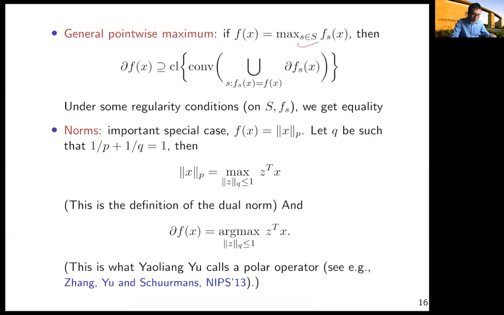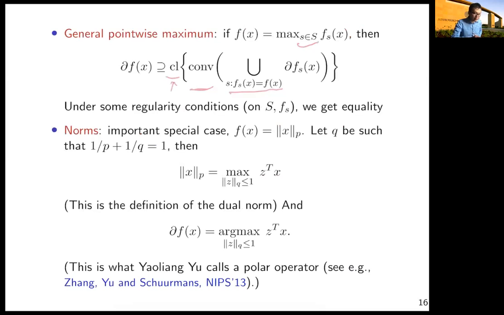Then it becomes more technical, but we can still write the condition: take the union of the subdifferentials of all the functions that are active at this given x, take the convex hull of that, and finally take the closure to make it a closed and convex set.